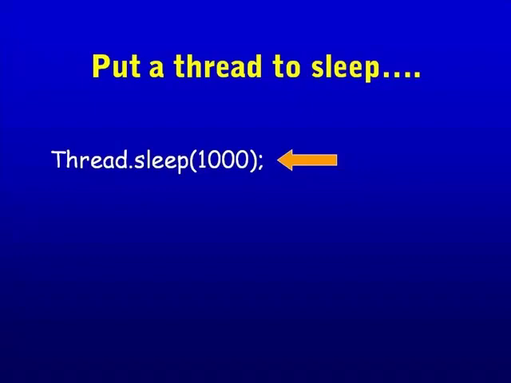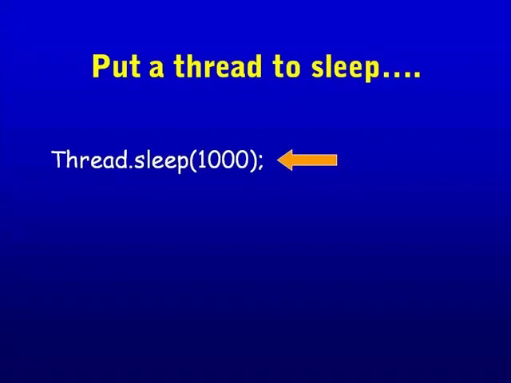All the operating system guarantees is that your thread will not be given the CPU for at least 1,000 milliseconds. It may be back in 1001, it may be back in 10,000 milliseconds, but you're just guaranteed that your thread is not going to execute for 1,000 milliseconds.